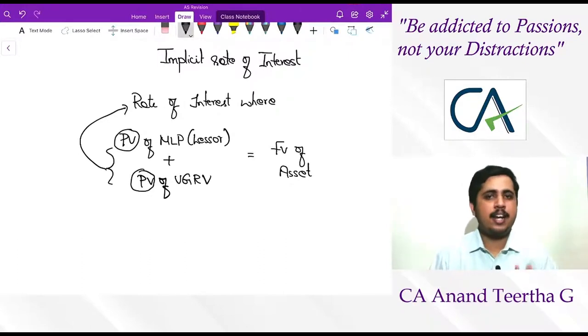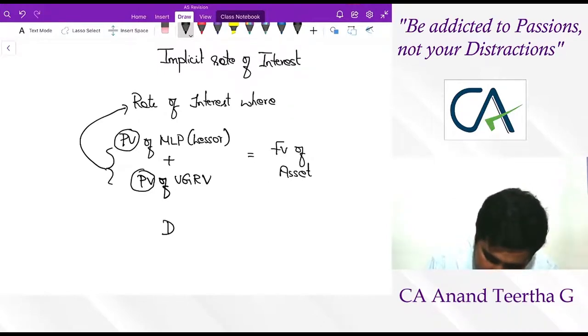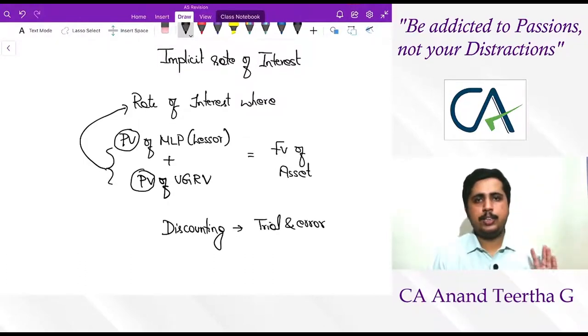It's more like IRR, what you do in financial management under capital budgeting or long-term asset analysis. This is also almost similar. So how do you get that discounting rate? You calculate it by trial and error.